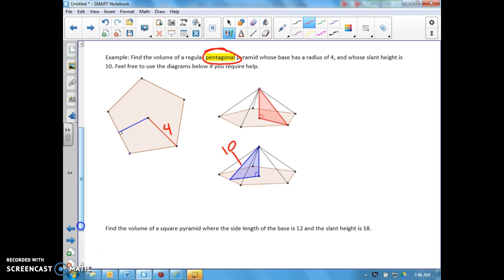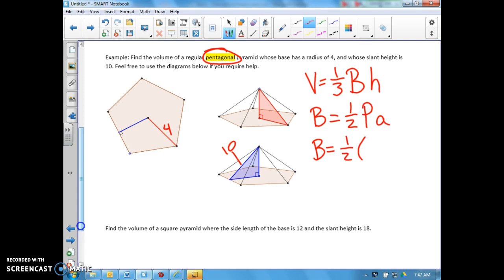My formula for volume equals 1/3 area of the base times the height, not the slant height. And my formula for that base, it's a regular polygon, it has to be 1/2 perimeter times apothem. So we don't have a side length because, again, to get perimeter, we need number of sides times the side length times the apothem. We're missing a whole lot of stuff in this problem.